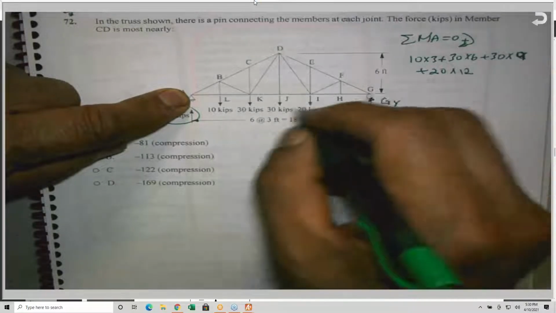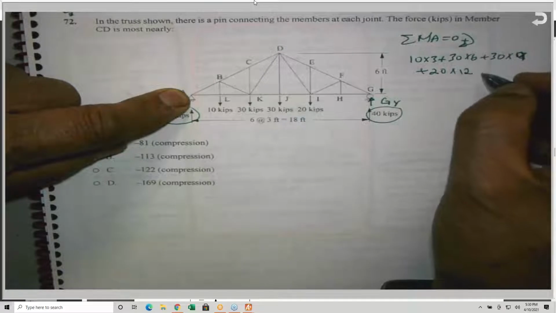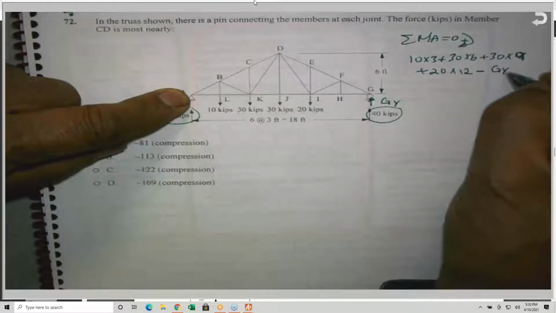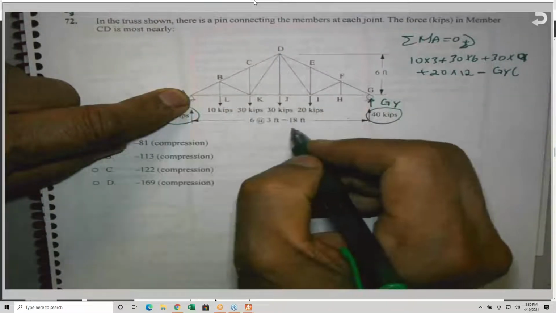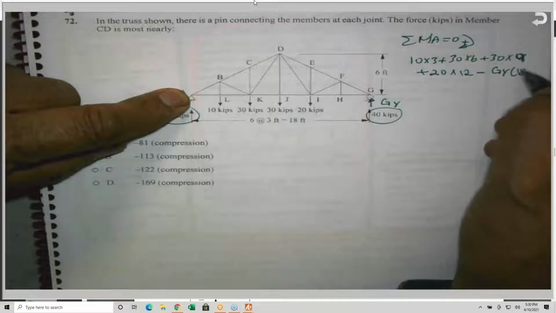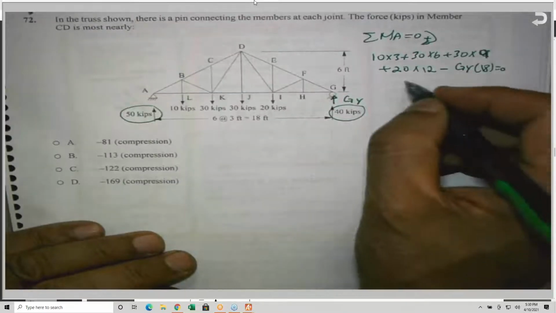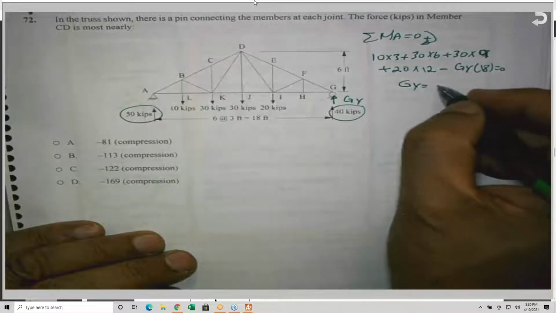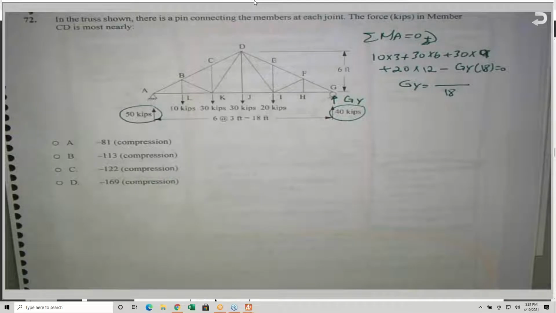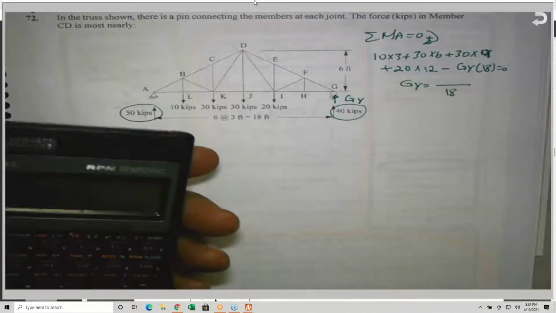And finally, all of them are positive, according to this, minus G sub y times the whole distance, which is 18 feet, equals 0. So I can solve for G sub y right now. Just to remind you how to find the external reactions: 10 times 3 is 30.